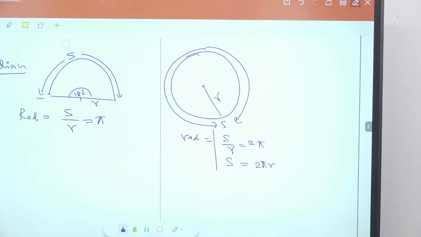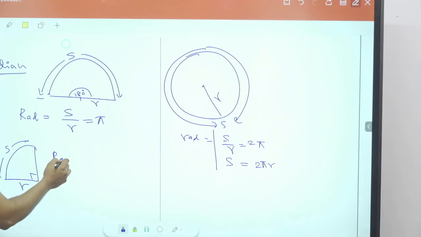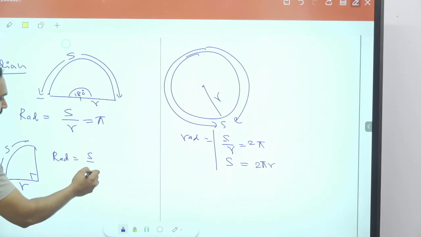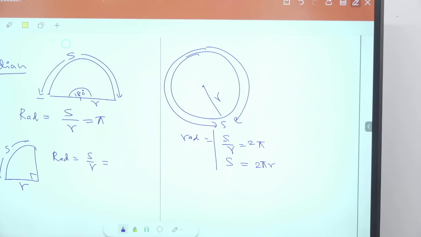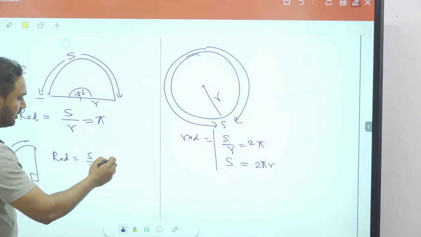If I take a quarter circle like this, it has an arc length of S and a radius of R. Now the radian of this is S over R. If I take it in pi values, what could be the value? Half of pi, right?